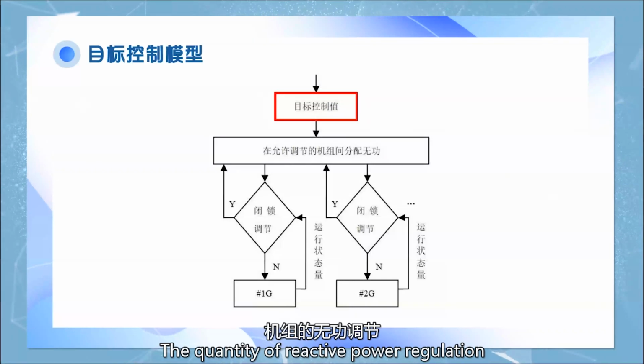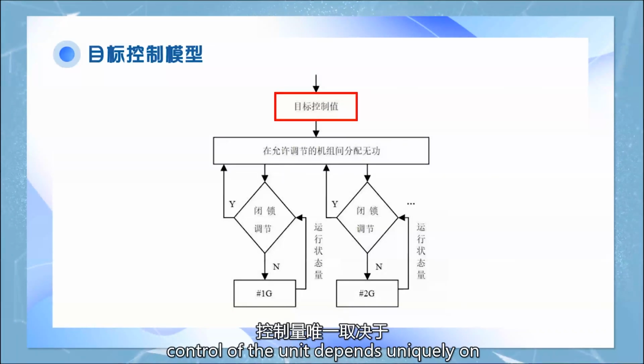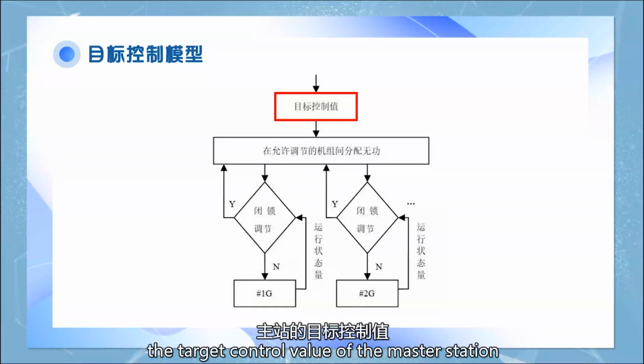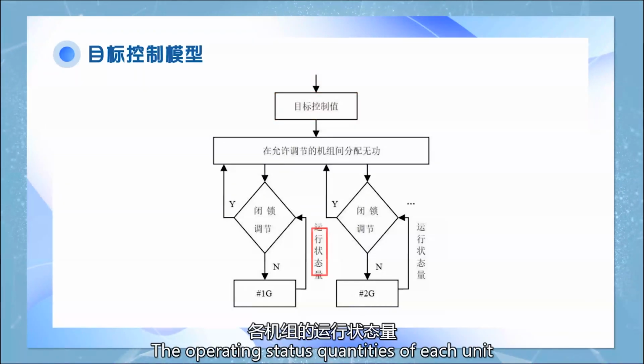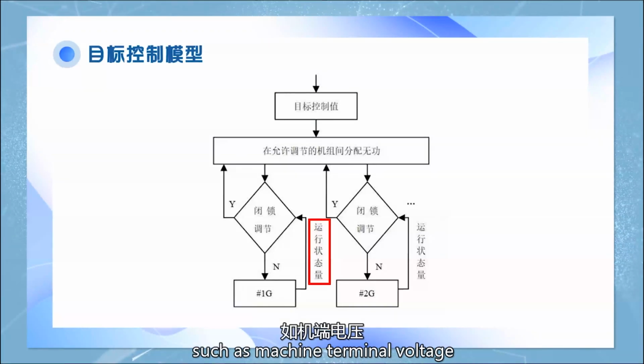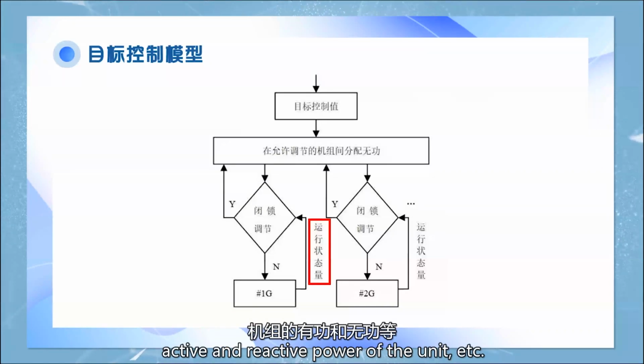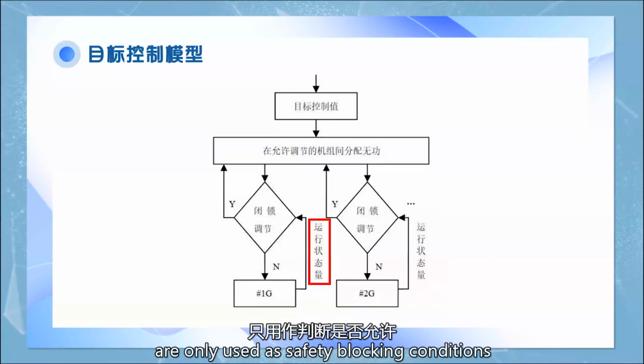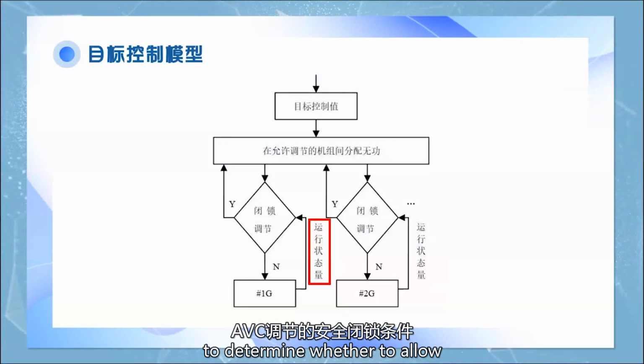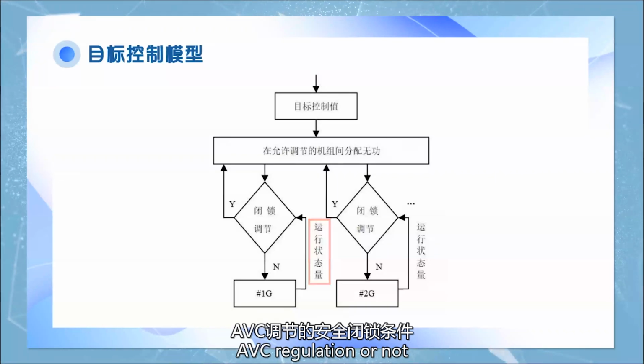The quantity of reactive power regulation control of the unit depends uniquely on the target control value of the master station. The operating status quantities of each unit, such as machine terminal voltage, plant bus voltage, active and reactive power of the unit, etc., are only used as safety blocking conditions to determine whether to allow AVC regulation or not.